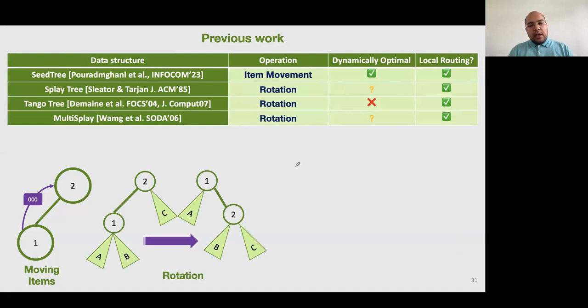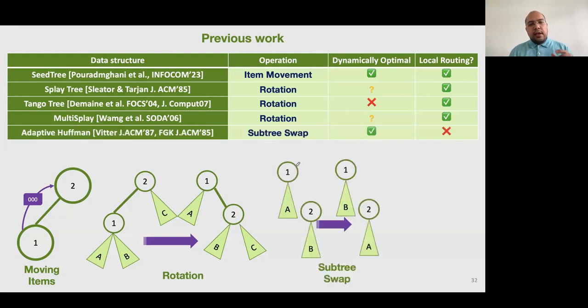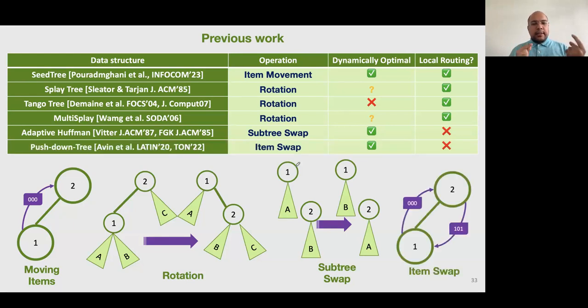rotation operation. But other people have also tried to think about other types of self-adjusting trees. For example, we have adaptive Huffman, but the operations there are a bit unrealistic because you need to swap a set of subtrees. And recently there was work similar to ours, but it didn't have this local routing, and it also didn't have the capacity.